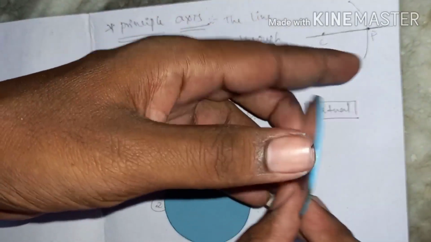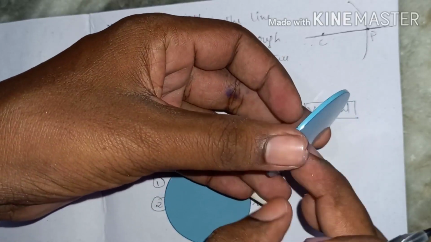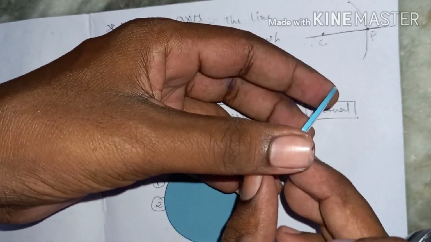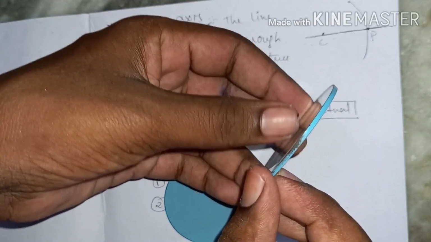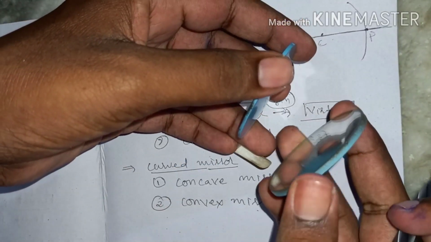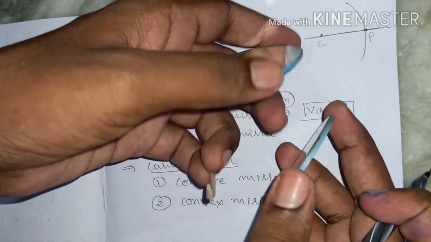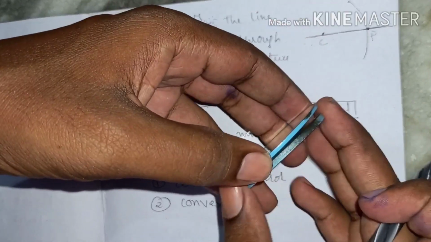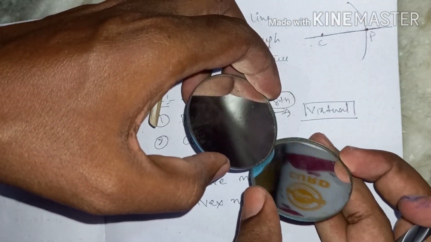Here the reflecting part is curved inwards and the coating part bulges outwards. So the mirror whose reflecting part is curved inwards we call a concave mirror. The reflecting part curved outwards we call a convex mirror. What is a concave mirror, what is a convex mirror? Did you get the clarity? Both are like this.